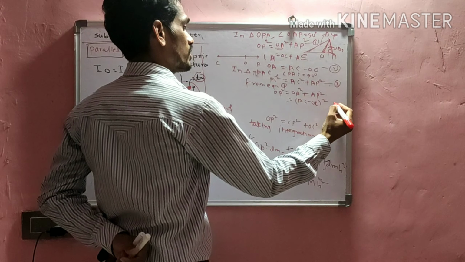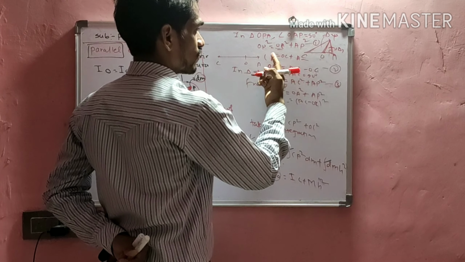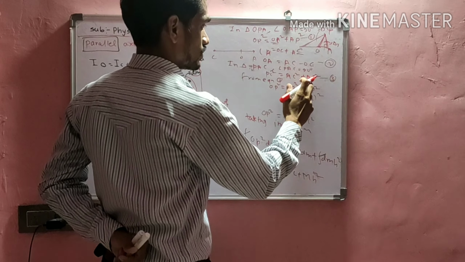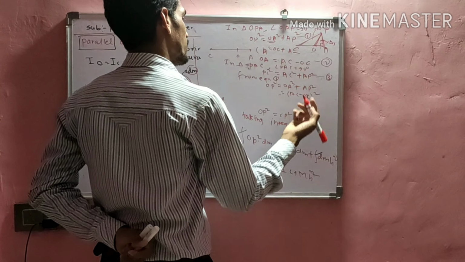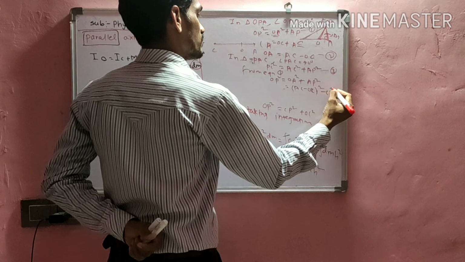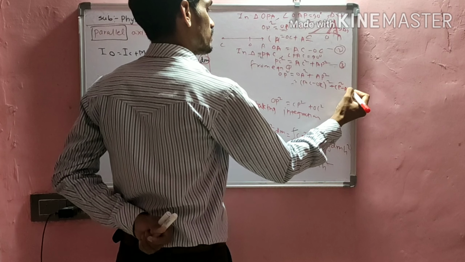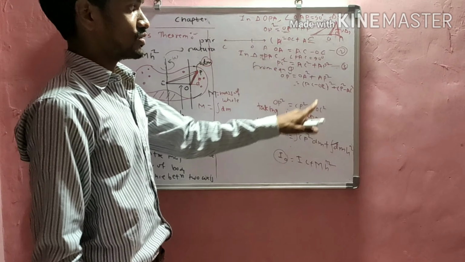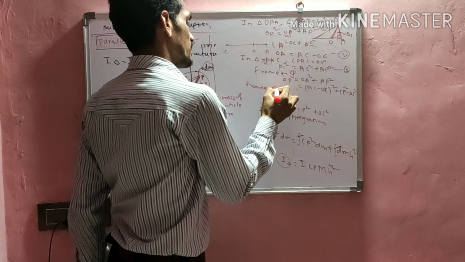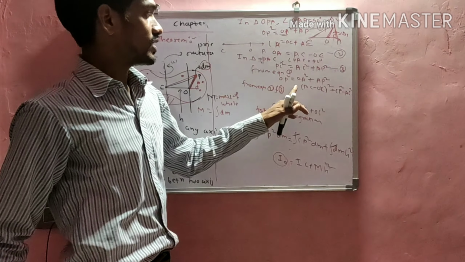Now what about AP? From equation third, AP square can be written as CP square minus AC square. So from equations second and third, we can write this.